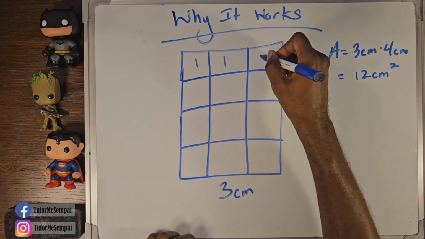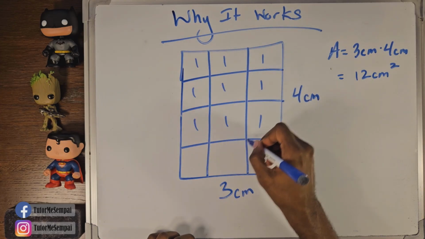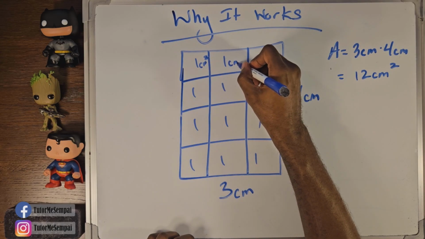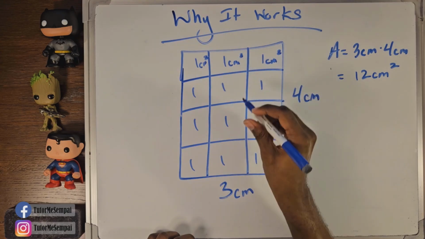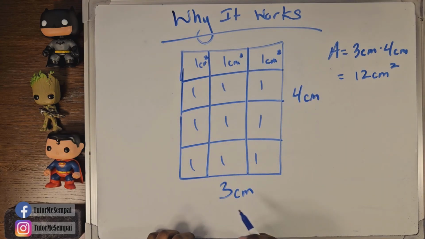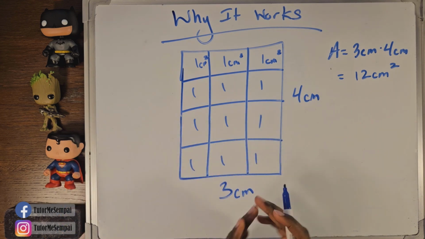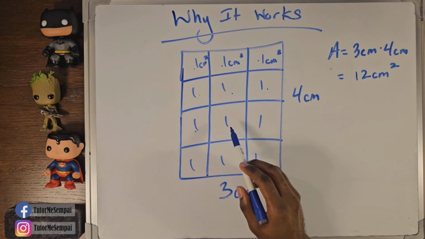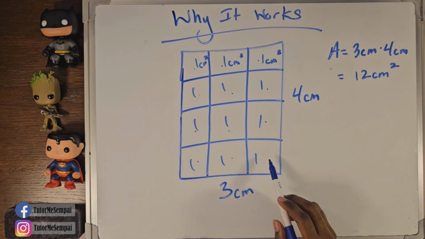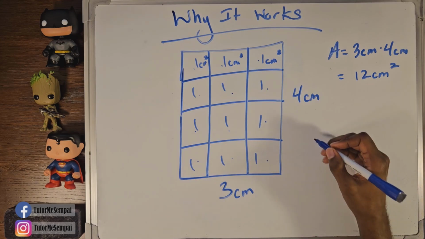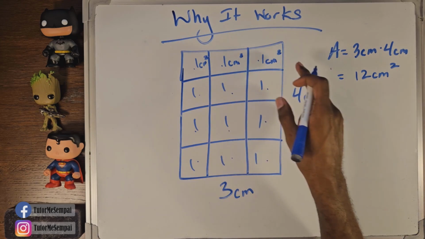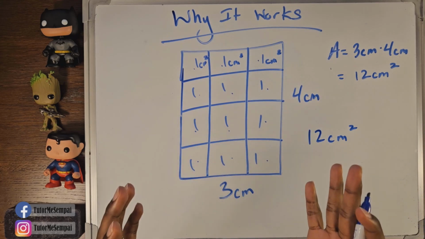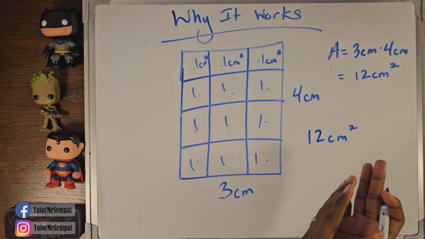And if each of these are 1 centimeter squared, I'm not going to write it in for all of these, but each of them are 1 centimeter squared, how many blocks do we have? Count them. 1, 2, 3, 4, 5, 6, 7, 8, 9, 10, 11, 12. We have 12. Adding all that up, if each one is 1 centimeter squared, you're going to have 12 centimeters squared totally. That's why our area formula works.